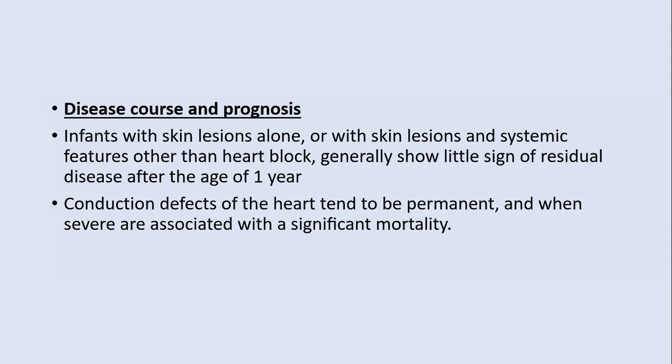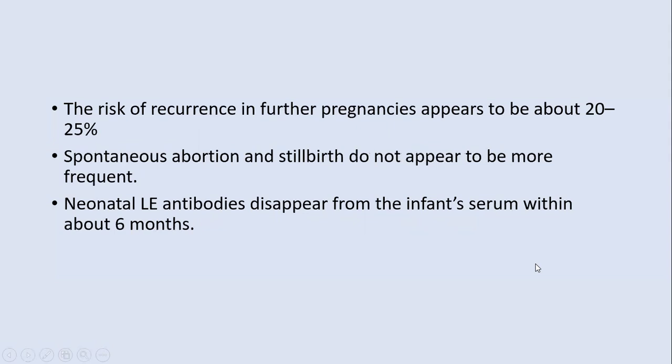But the conduction defect in the heart is permanent and severe and has a significant mortality. Risk of recurrence in further pregnancies increases to 20 to 25%. Spontaneous abortion or stillbirth do not appear to be more frequent. Neonatal autoantibodies disappear from infant serum within about 6 months.